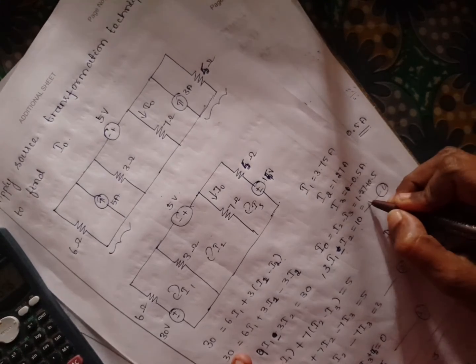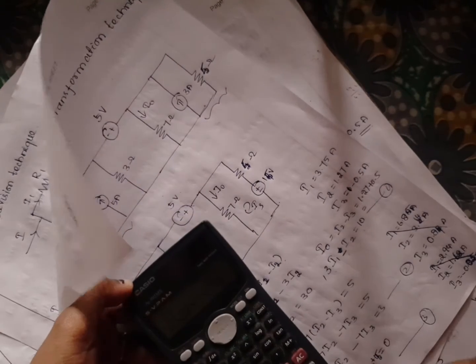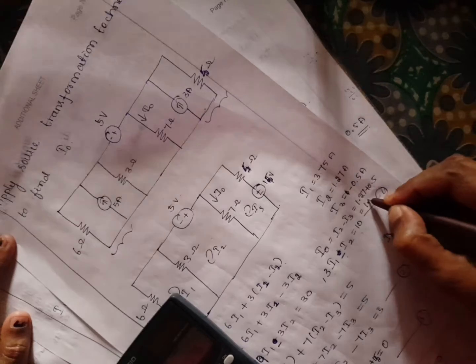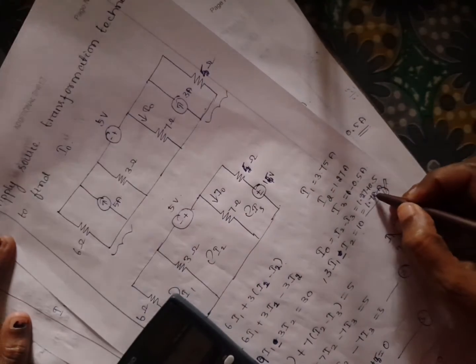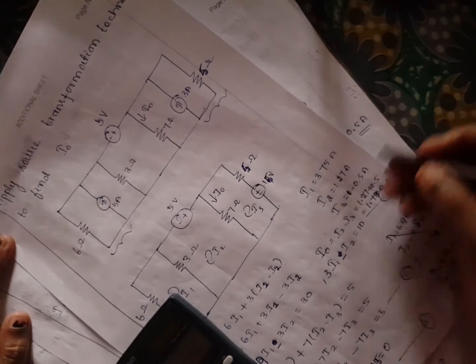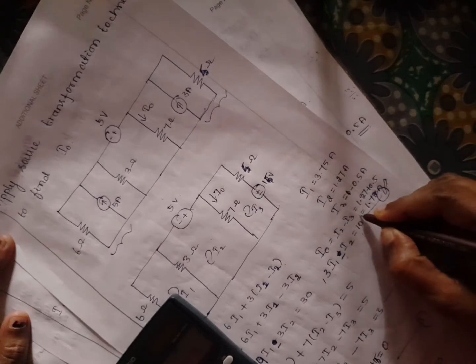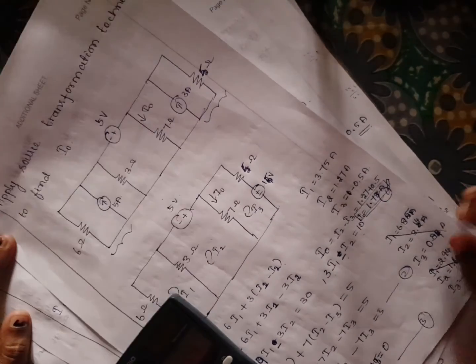So what is the answer? 1.78 ampere. Nearby, the answer is 1.78. Okay, that is the value for I0.